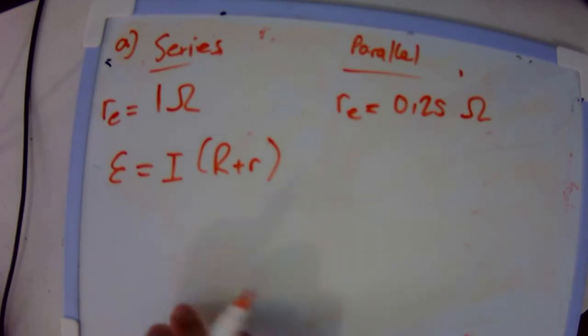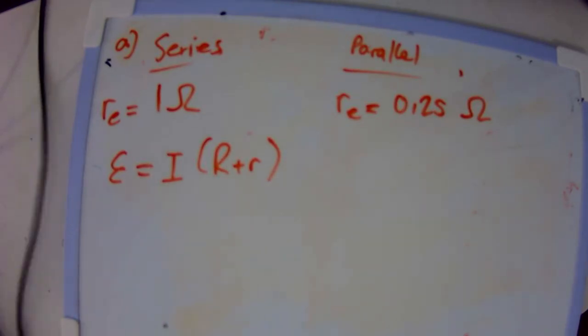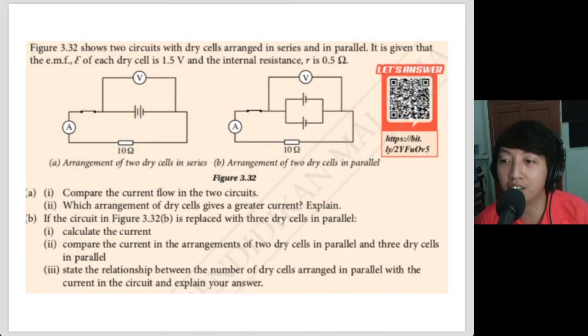What is the external resistor? If we go back to the picture, there is an external resistor of 10 ohms. If there was no external resistor, it would be 0. But since there is one, we use 10.